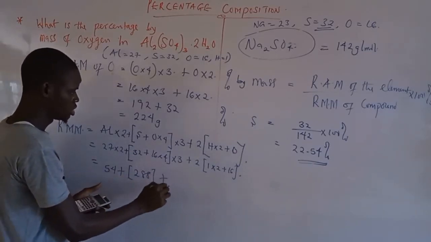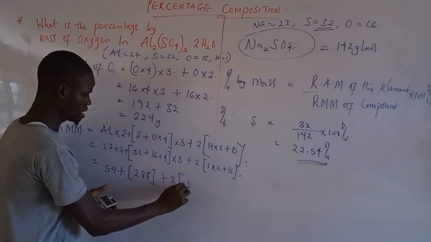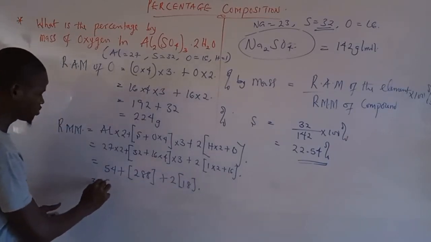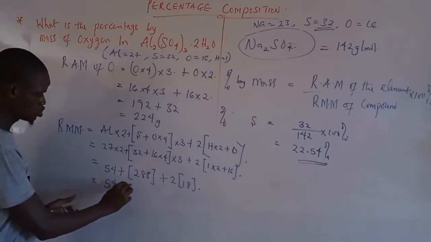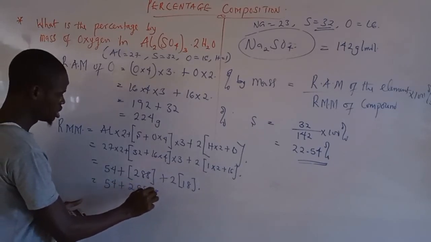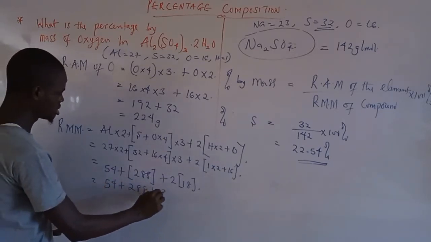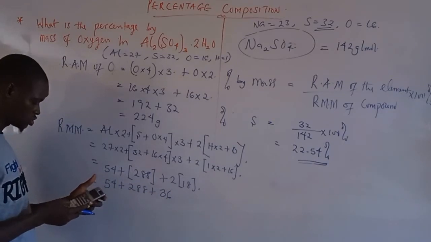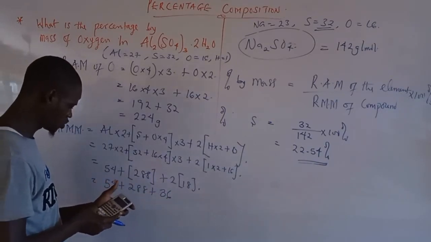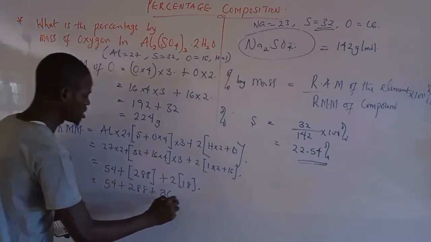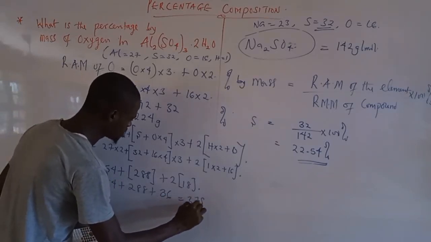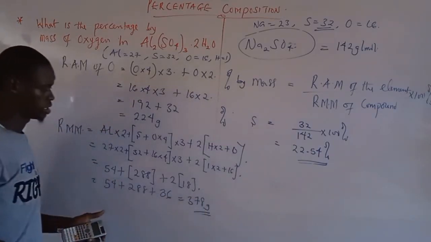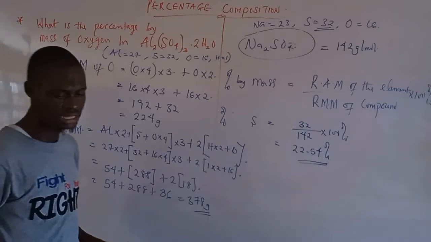Now, plus 2 into brackets, 18, which is 36. Now, if we add everything together, 54 plus 288 plus 36, I'll be having 378 grams.